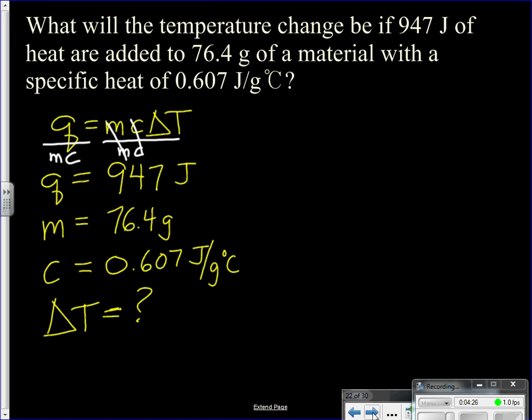And that cancels out the M and the C on the right-hand side. And we can rewrite our equation to say that delta T is equal to Q divided by M times C.